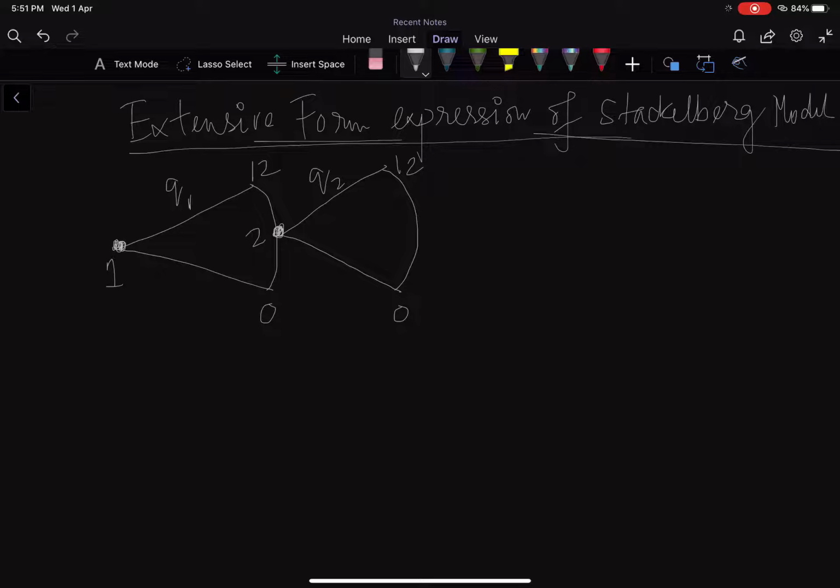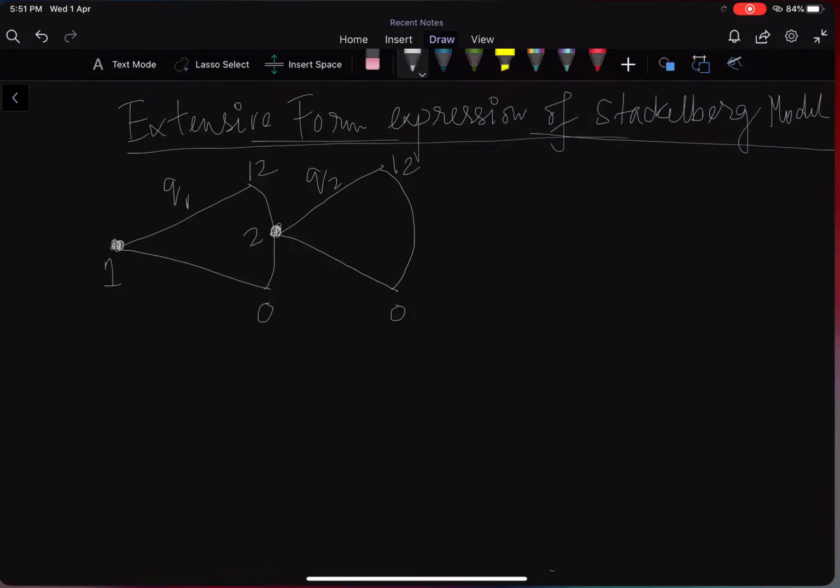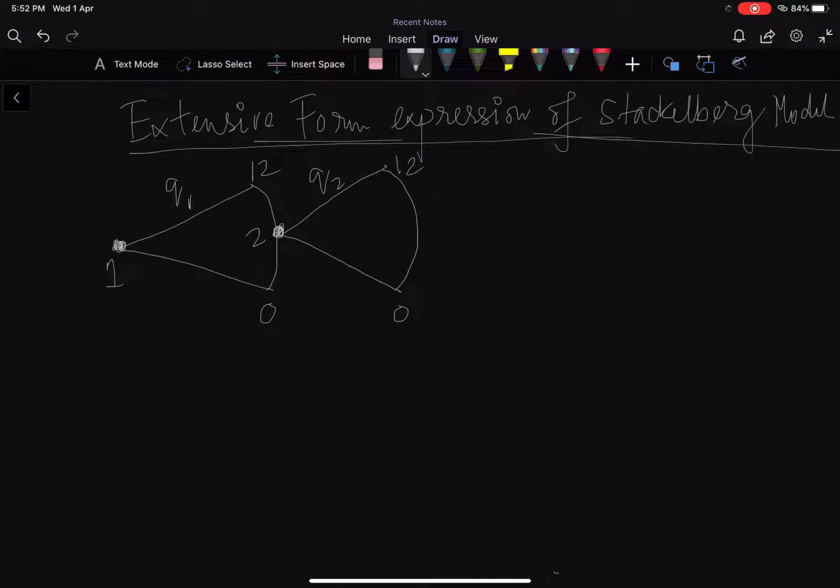Now then, after the game ends, what is the payoff? The payoff is the profits. But there is no cost, so it's just the revenue. So it's P times Q. What is P? P is 12 minus Q1 minus Q2, that's price, times quantity of firm 1.